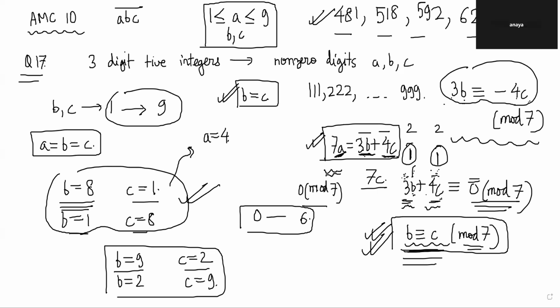The next problem I had was 18. Let TK be a transformation of the coordinate plane that first rotates the plane k degrees counterclockwise around the origin and then reflects the plane across the y-axis.